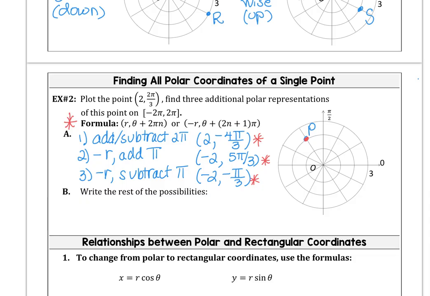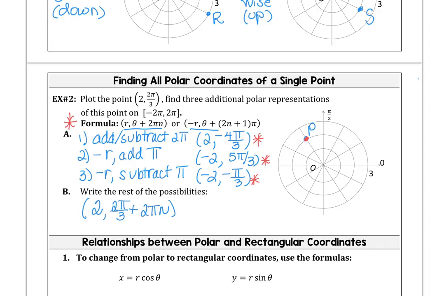To write the rest of the possibilities using those formulas, we would keep the r for this formula. We're going to keep the r and take the angle 2 pi over 3 and add 2 pi n, where n is an integer.